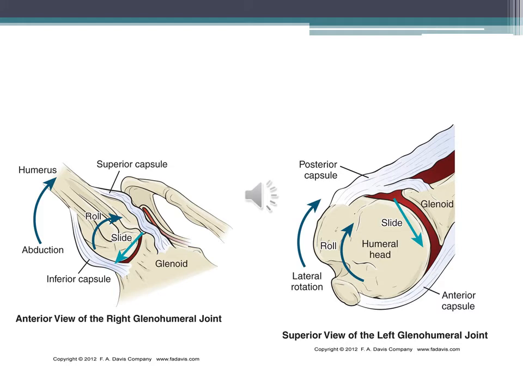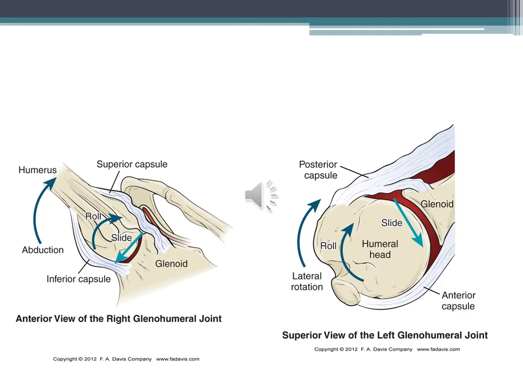So on the left we have abduction, and again, kind of orientate yourself. Look at what we're looking at, superior and inferior here. So with abduction you have a superior roll and an inferior slide occurring as abduction is happening.